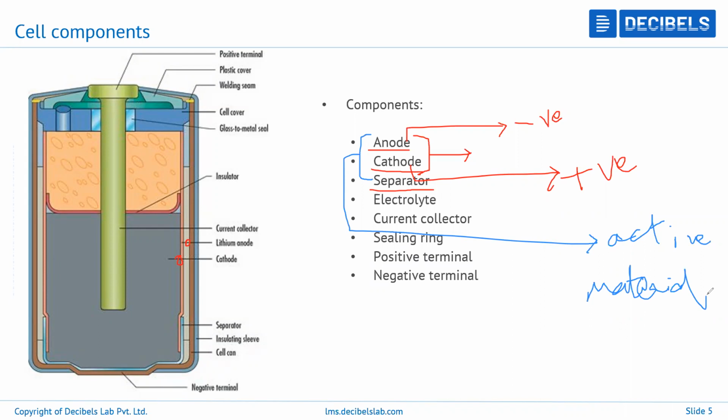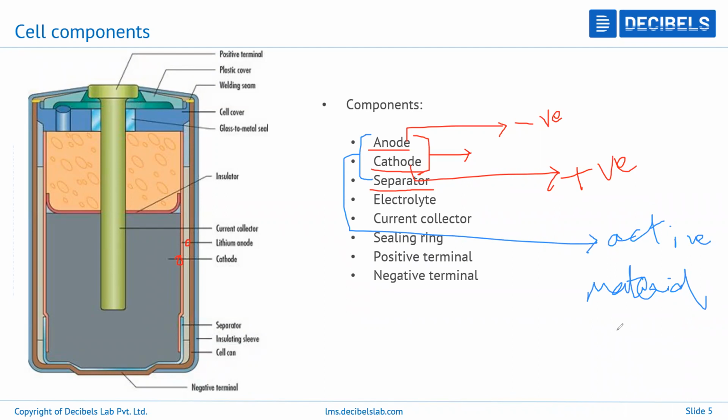Basically, active material is nothing but the constituting chemical compounds, or chemical elements, that make up the anode and cathode as per the desired reactions that have to occur within the cell. From those active materials, the cell is able to produce the required energy. There are different types of active material available, so we will have a brief look at that when we come to the reaction part.